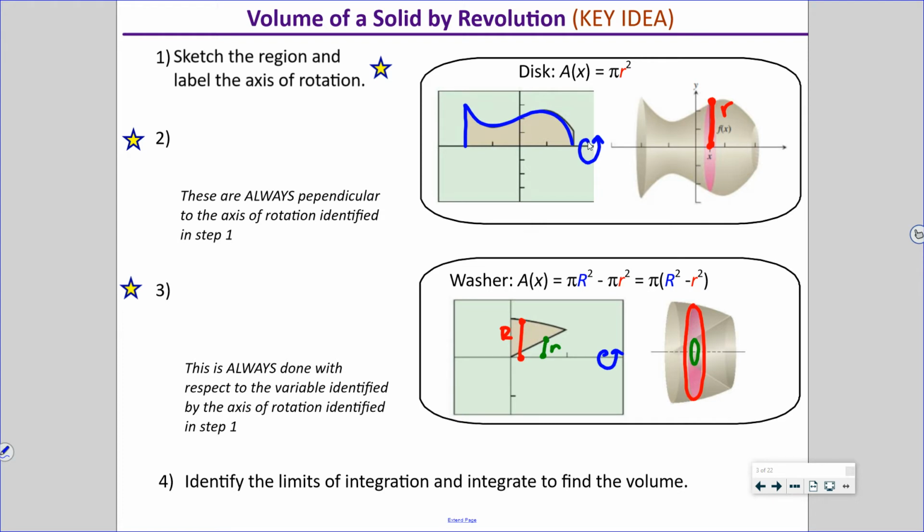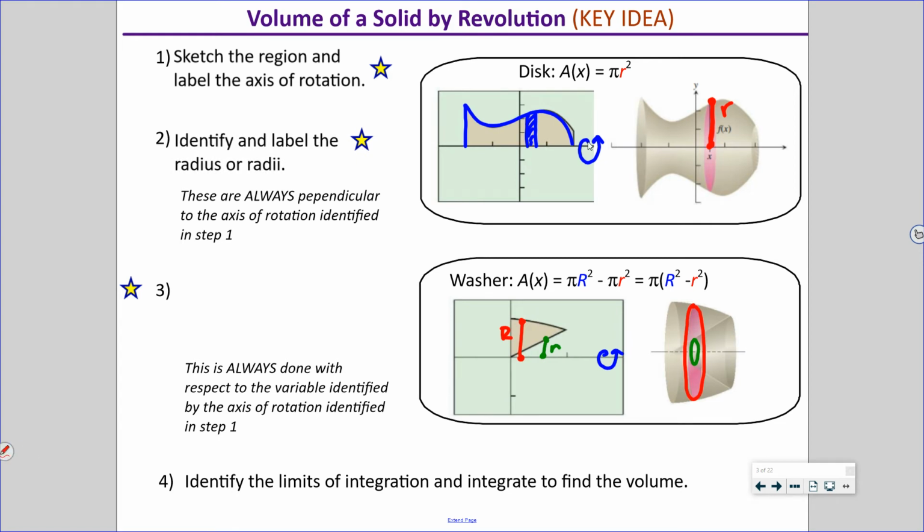Then I draw a little rectangle, and I picture taking that rectangle and rotating it about my axis of rotation. And I ask myself, is this going to be a disc or a washer? In this case, since there's no gap, that's going to form a disc. So then I have to identify and label what the radius is.